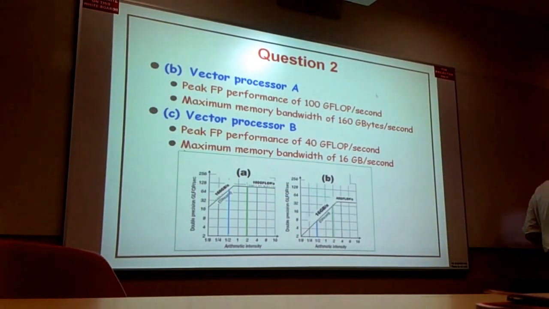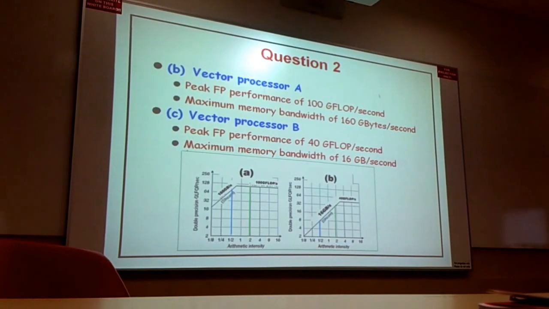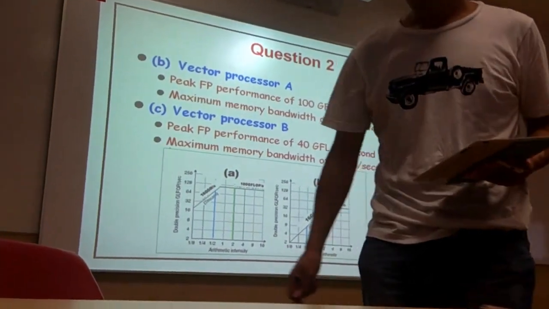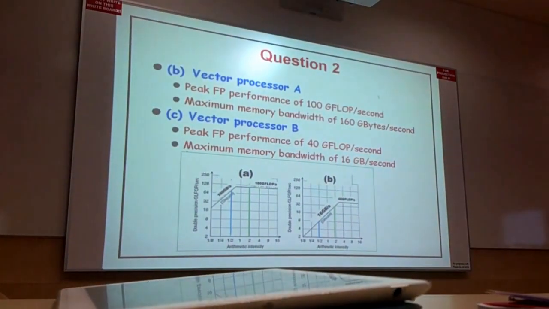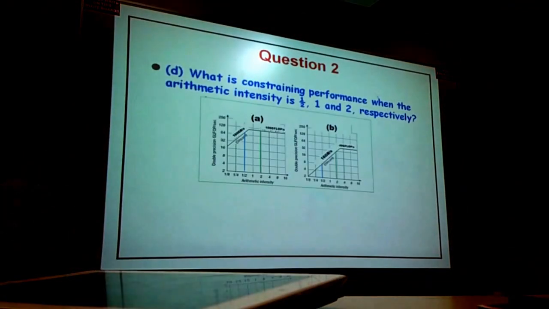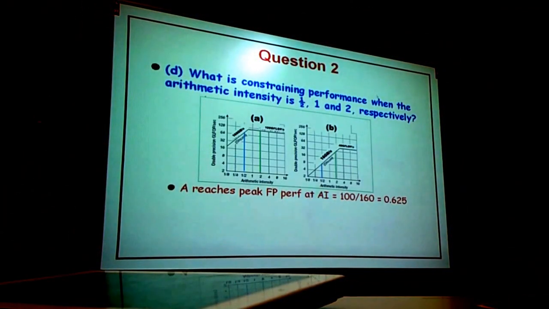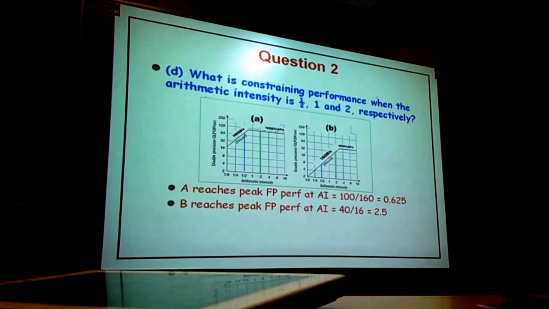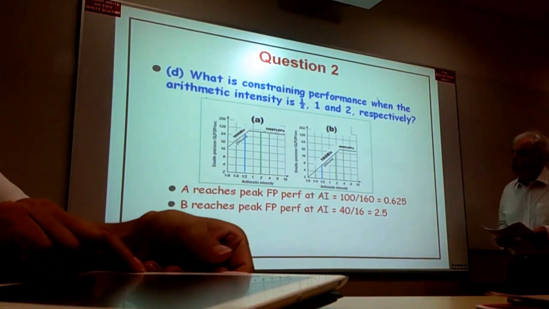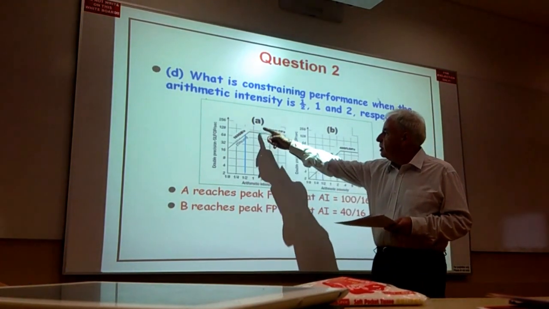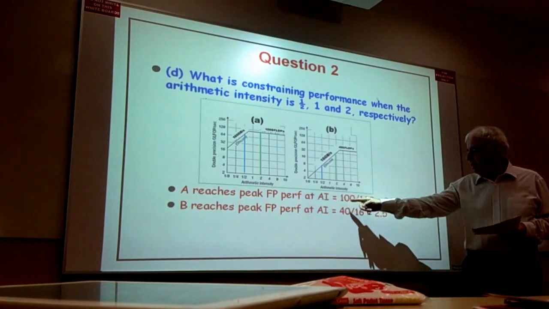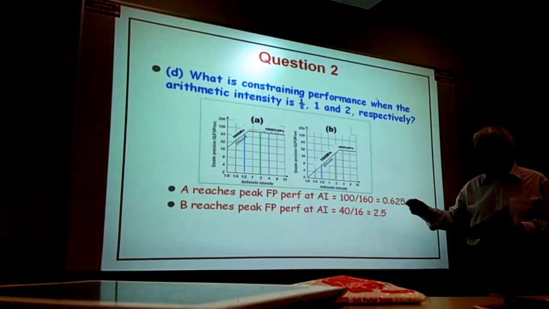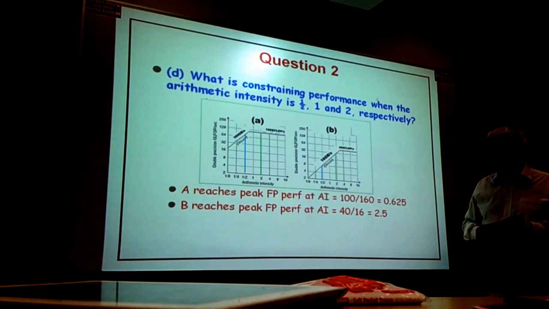So it's quite easy to work out where that point is. For the first processor A, it's going to reach this point at an arithmetic intensity of 100 divided by 160, or 0.625.